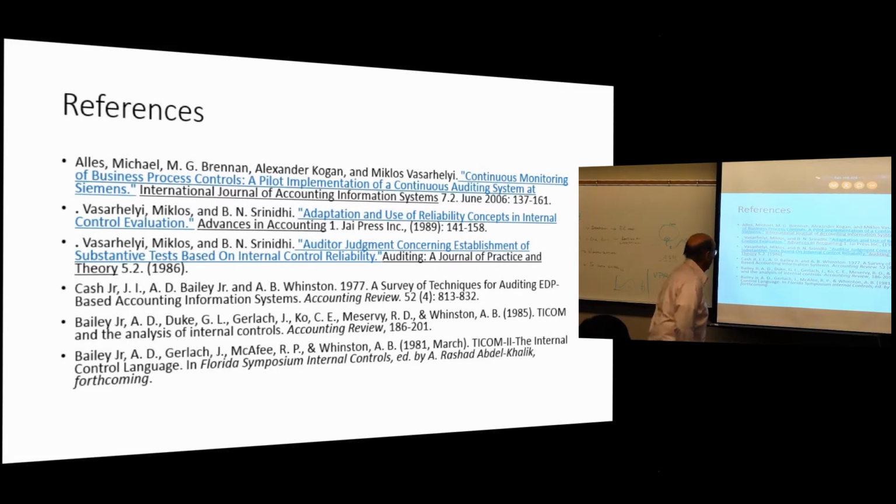The other area was what we call reliability theory. And actually the main article in reliability theory is Cushing. And I think it's in your list. One of my PhD students, Ben Srinidhi, who is now in Texas, Dallas, but was in Hong Kong before that and was here before that, actually did his dissertation in this area at Columbia with me.